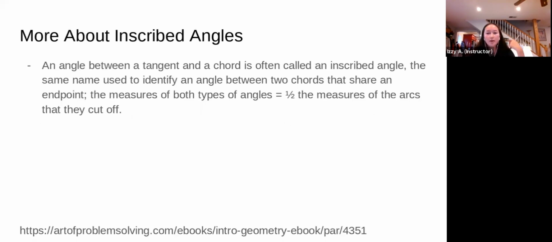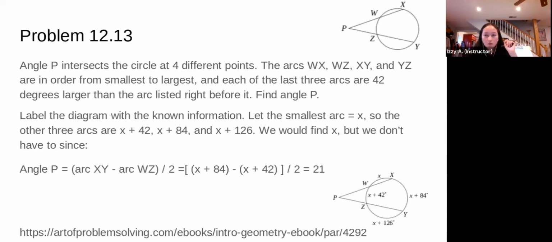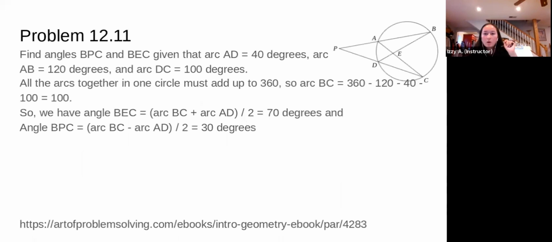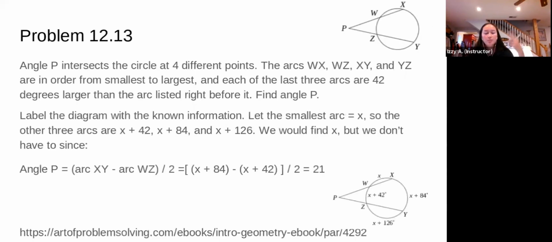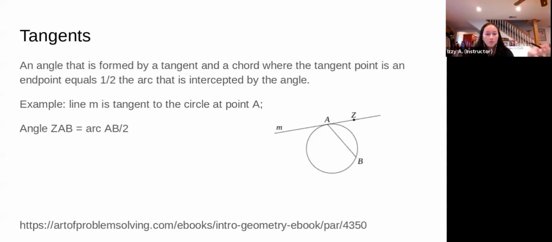But then remember that you can also call, let's see, if we have an example. If you look at angle BAC right here, this is an inscribed angle because the endpoints of the angle and the vertex of the angle are touching the circle circumference. So those are two different types of angles, but they're still called inscribed angles.